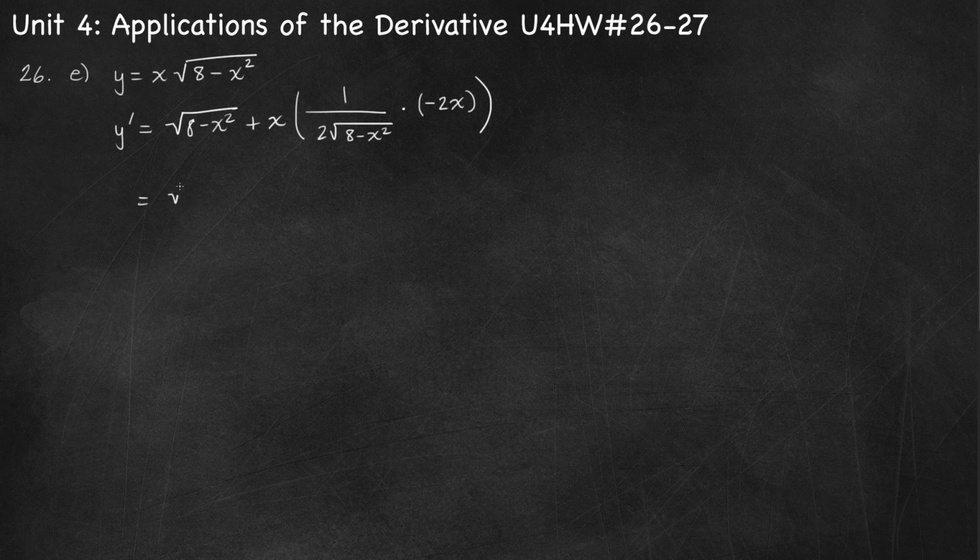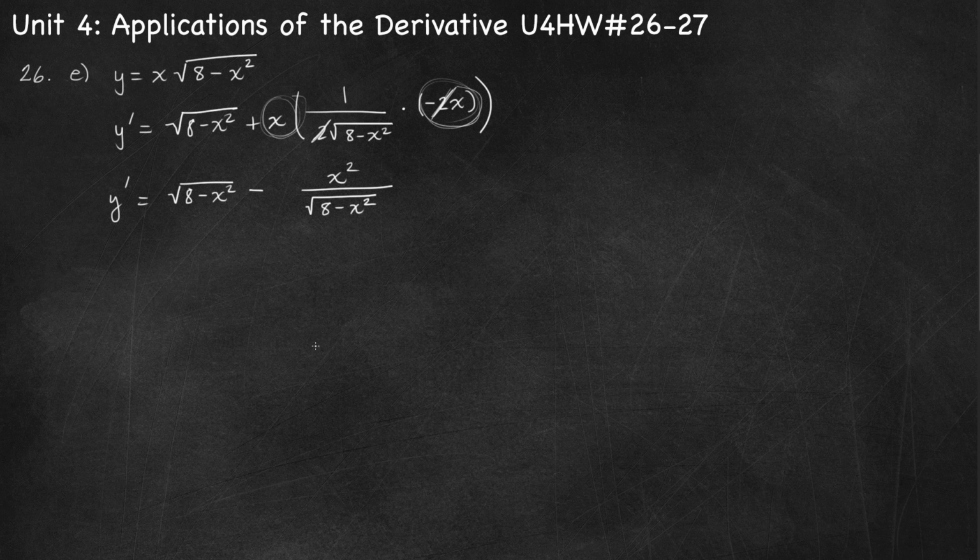So my derivative is the square root of 8 minus x squared, and then I can multiply this x and this negative 2x to get negative 2x squared in the numerator. Actually, this 2 is going to cancel with this 2, so over the square root of 8 minus x squared. So that's my derivative. And I want to set this equal to 0 and solve.